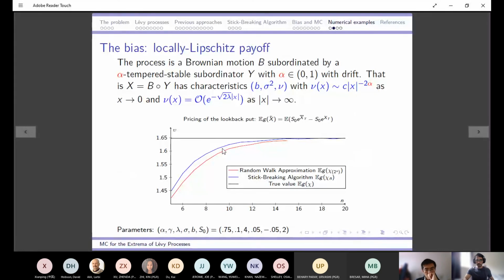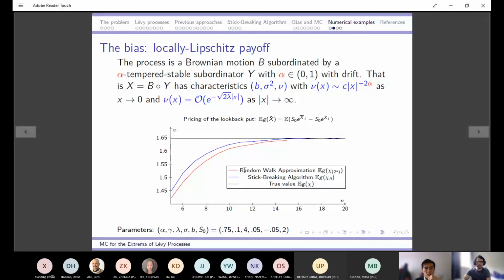The blue line displays how quickly the stick breaking algorithm is converging, and the red one is the one for the random walk approximation. So even if you put the random walk at time step 2 to the n, so you somehow are cheating, then the SBA still beats the random walk approximation, right? They're actually kind of comparable in some sense, but of course the SBA will have a linear cost in n, it will just be n, and the random walk will have a cost of 2 to the n.